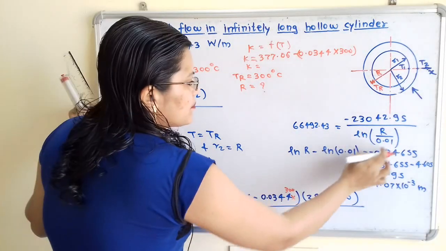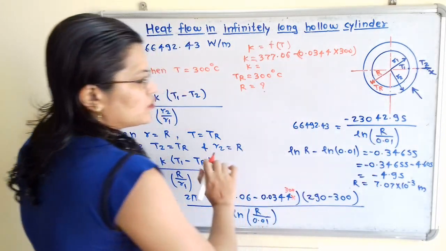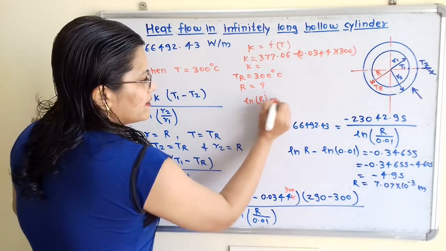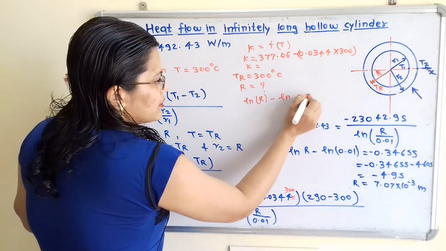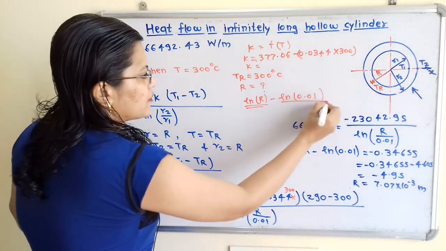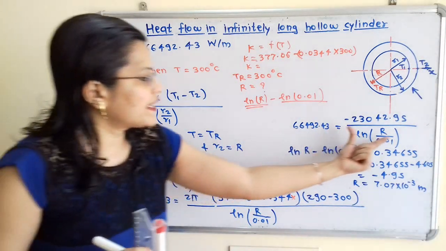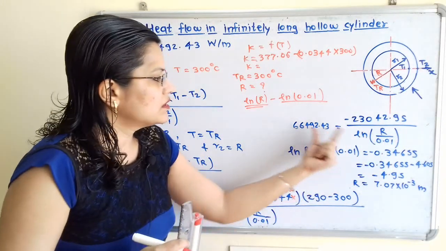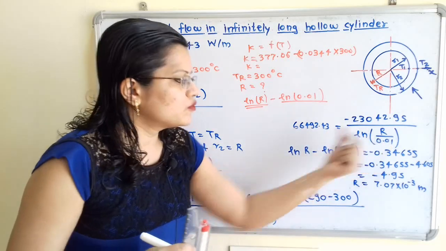Now how will we simplify ln(R by 0.01)? We can write ln R minus ln 0.01. Here ln R is the unknown term and we can solve this. We will take this term to the left hand side and transfer the other term to the right hand side, that is it will move to the denominator.